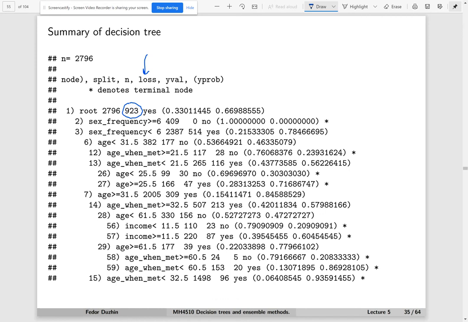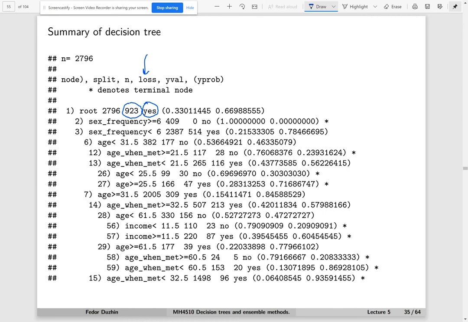Then we have these decisions, and then we have probabilities. Now, it is a good idea to figure out whether it is the probability of no followed by probability of yes, or probability of yes followed by probability of no. So let us just look at the root. The predicted label for the root is yes, and this should be the probability of the most probable class.